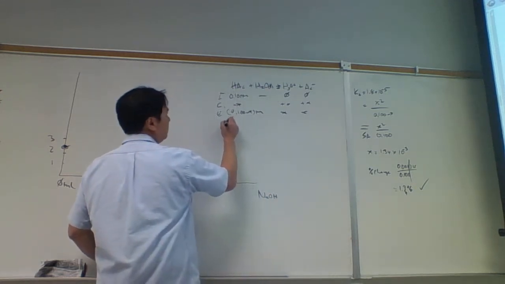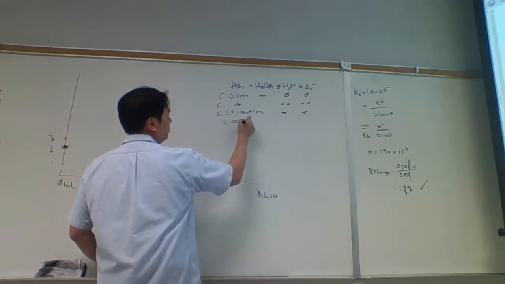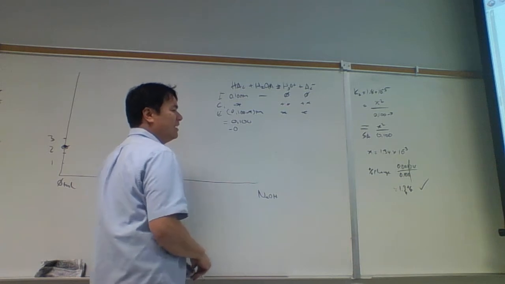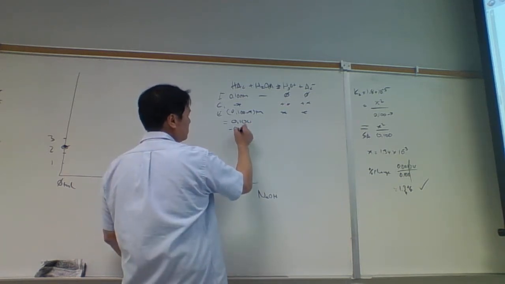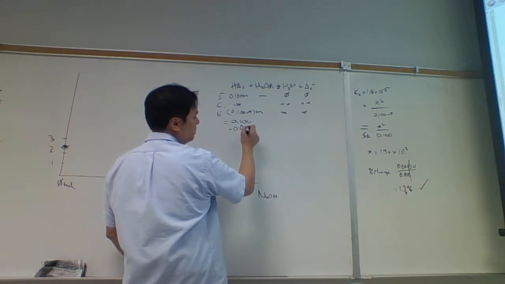This is going to be 0.100 minus... You know what? Since we're only interested in pH, I'm going to do this just for the double check, just to make sure it worked out.